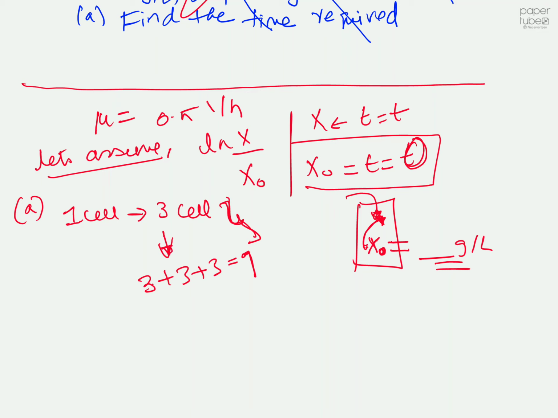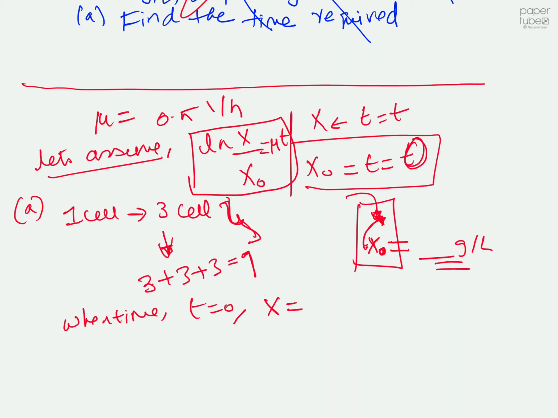We know that ln of x by x0 equals mu multiplied by t. This is the law that we need for this problem. Just follow the pen. For this condition, when time t is equal to 0, let's say our microbial concentration was x0, your initial concentration.